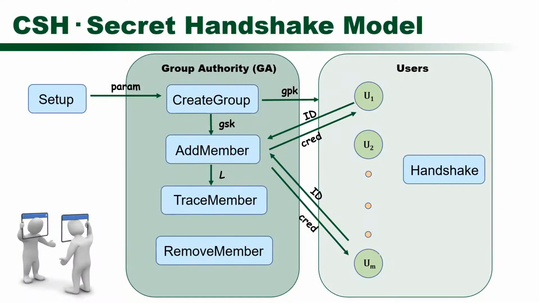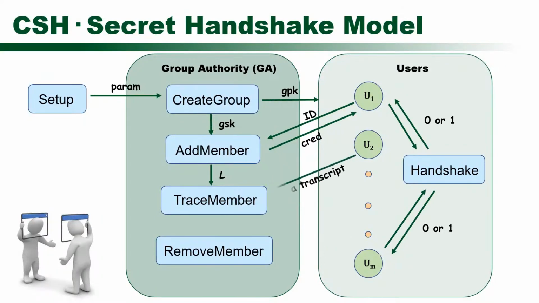Handshake is executed by a pair of anonymous users U_N and U_M. The protocol takes the anonymous user's secret and some public information as input, and outputs 0 or 1 for each party. Trace member is executed by GA. It outputs the identity of the user when a transcript of a secret handshake between two users is submitted.